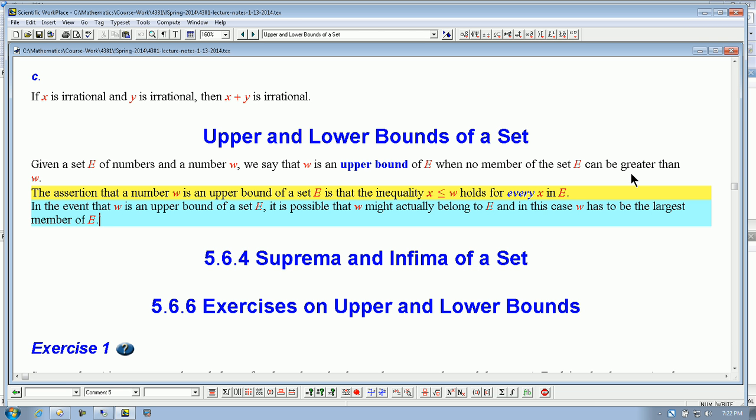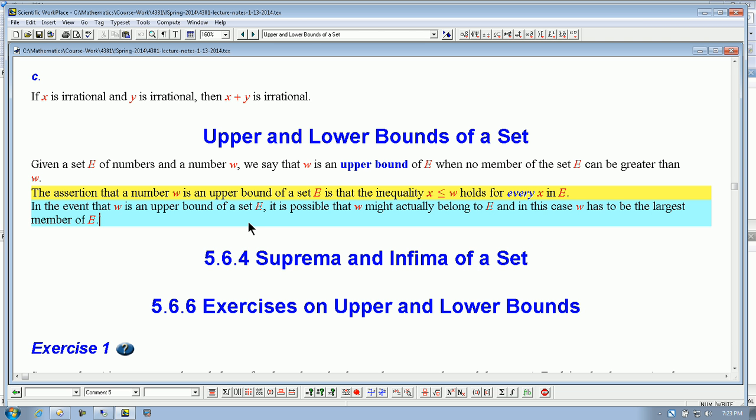Because no member of E can be greater than W. You see? And if W happens to be one of the members, then it's the biggest, because every other member has to be less, you see? So we have a little theorem here, not a very deep theorem and not a very interesting one. If you have an upper bound of a set and that upper bound of the set belongs to the set, it's the biggest member of the set. Okay? Seems trivial, but it's really important.